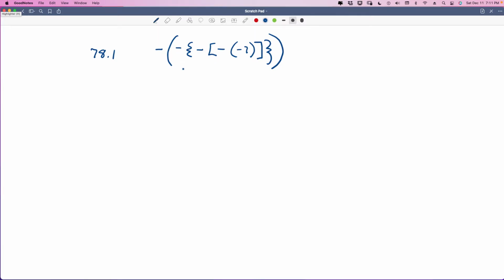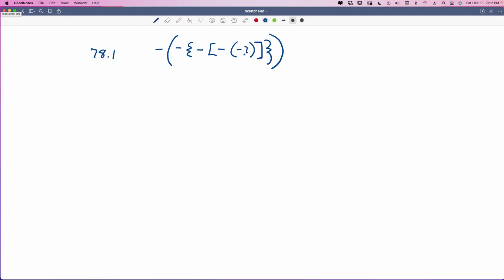So if we use that invisible -1, basically what we're doing here is we're saying I want the opposite of the opposite of the opposite of the opposite of this number, right? Every time we multiply times a -1, that's what we're asking for.